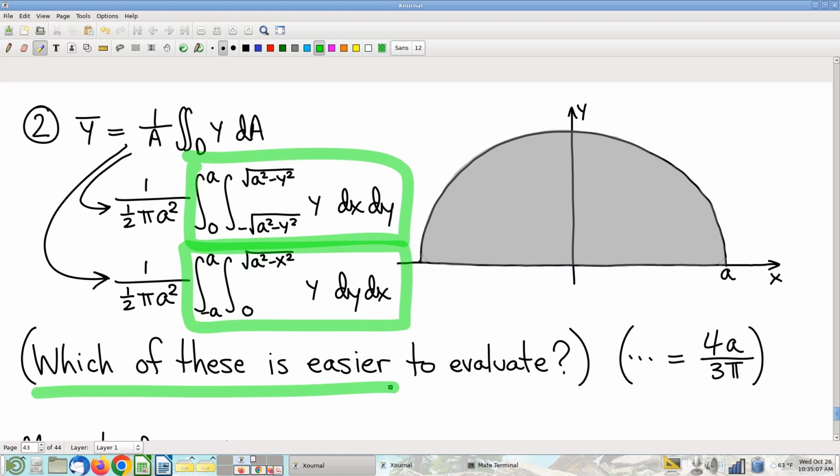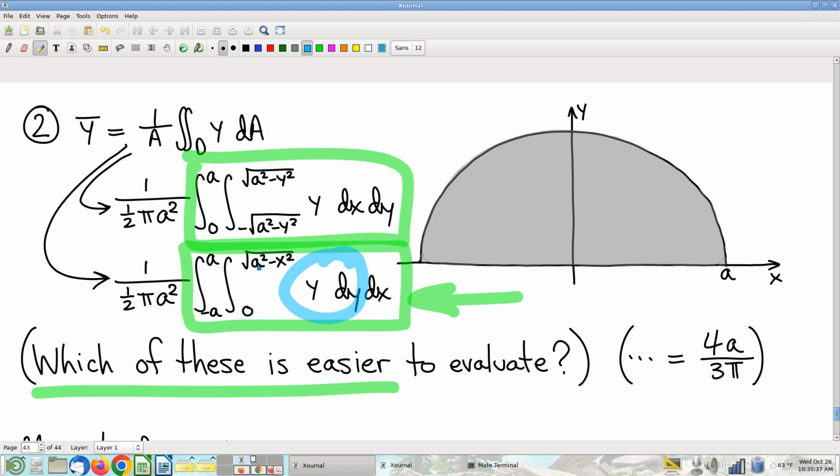This is an example, though, where once you write them both down, and maybe even if you can see it coming a little bit, I have a strong preference for this one. The reason is that I'm looking down the road just a little bit, and I see I'm going to do an antiderivative of y dy. That's going to give me y squared, well, half y squared.